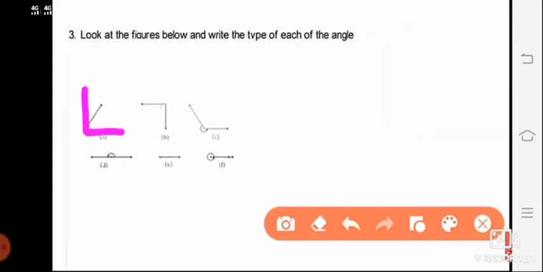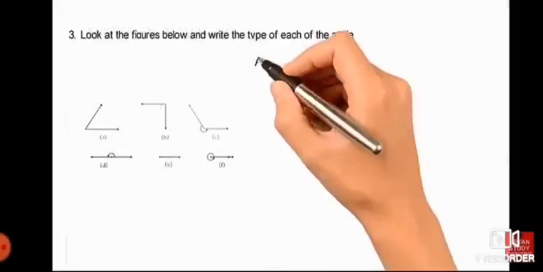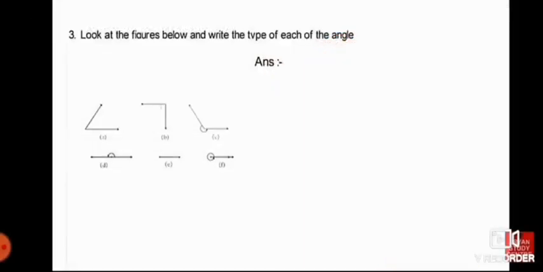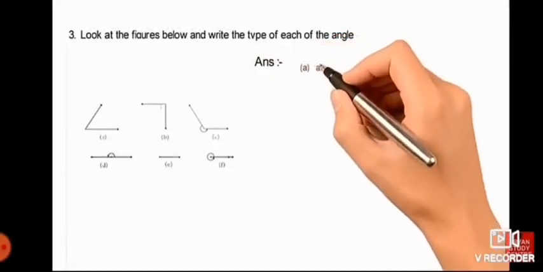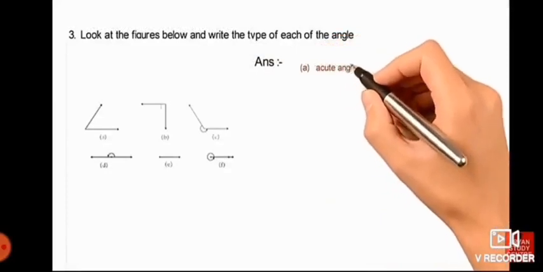Can you see that it is less than 90 degrees? See, this is its arm, which I drew just now and erased. The black one which you can see is inside, which means it is less than 90 degrees. Such a type of angle is called an acute angle. So our first answer is acute angle.